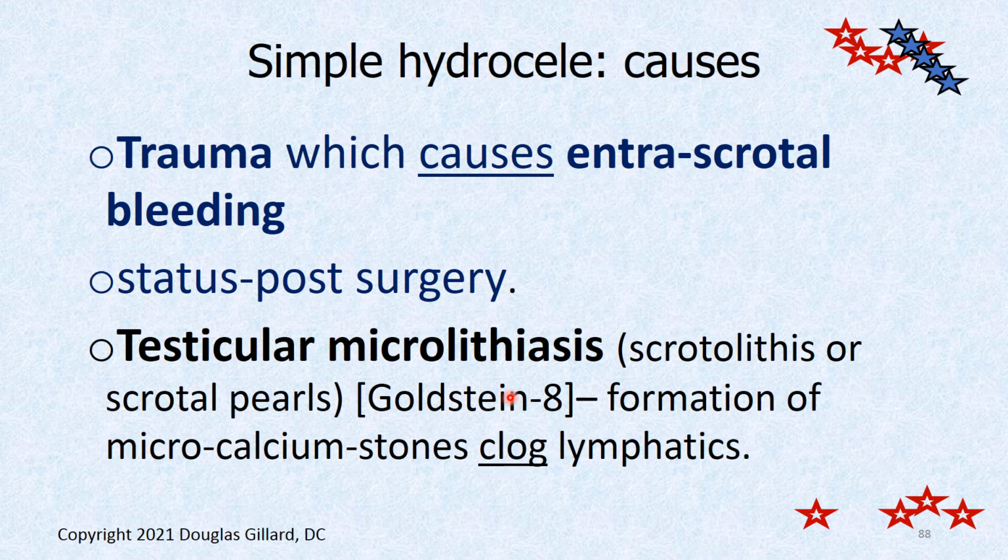They have an interstitium that feeds them. And sometimes some people develop stones in that interstitium which can start to clog the microcirculation up, and you can't drain it. So those are called testicular microlithiasis or scrotal liths. Is that right? L-I-T-H? Yeah, that's right.